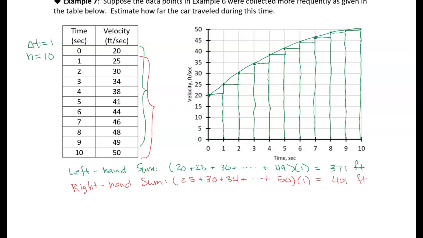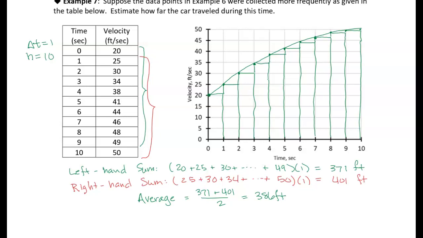And again, we can just take the average of these two: 371 plus 401 divided by 2, and we get 386 feet.